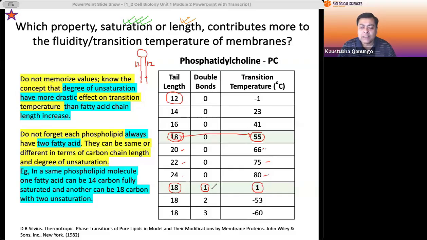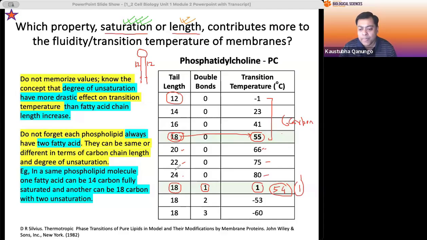So one unsaturation dropped the temperature by 54 degrees. Whereas here, there is also about a 56-degree difference, and you needed to add 6 carbons to increase it to 55 degrees. So 1 versus 6. That's why we say that saturation has a much more drastic effect compared to the length of the carbon.